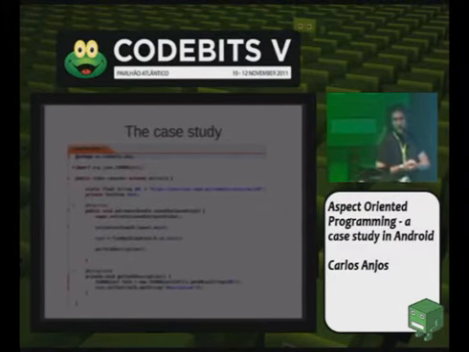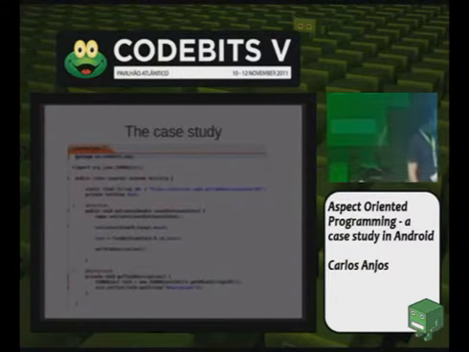The problem, if you have done anything more than a hello world in Android, that you start seeing is that if you call this function here, and this makes a network access, and this takes some seconds, you're probably going to get an application not responding error.